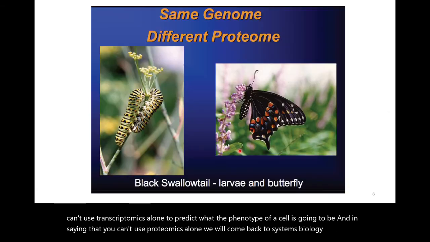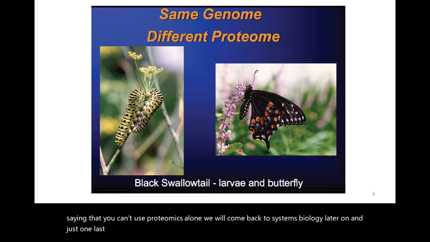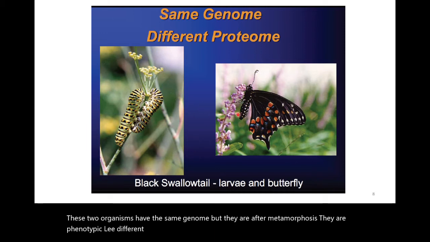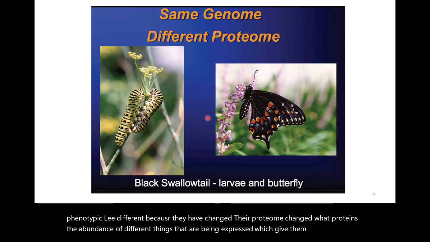And just one last graphical way of describing this. These two organisms have the same genome, but after metamorphosis they are phenotypically different because they have changed their proteome, changed what proteins, the abundance of different things that are being expressed, which give them a different phenotype.